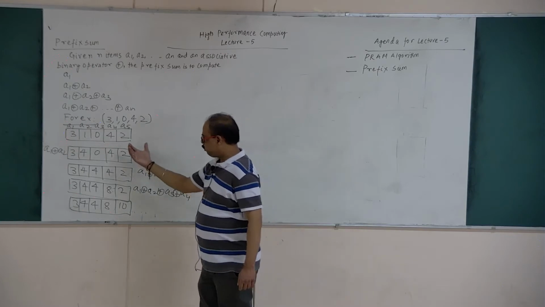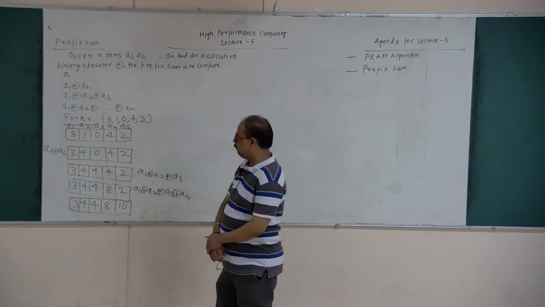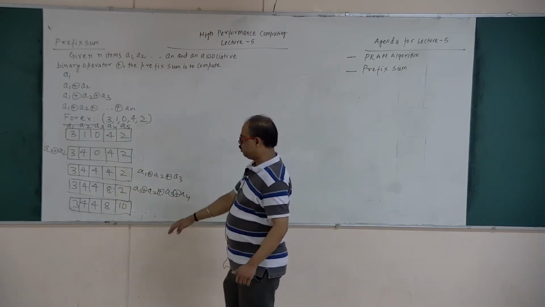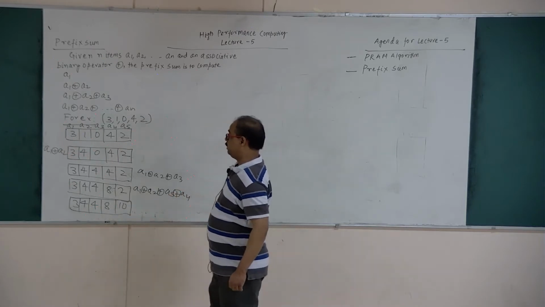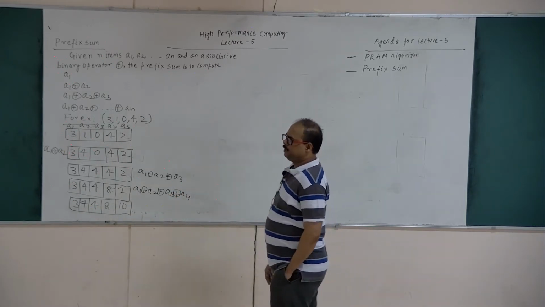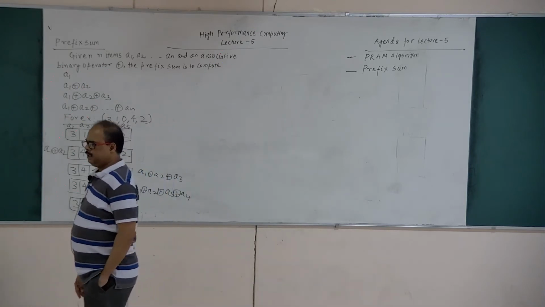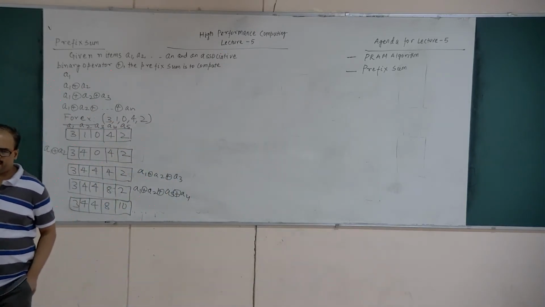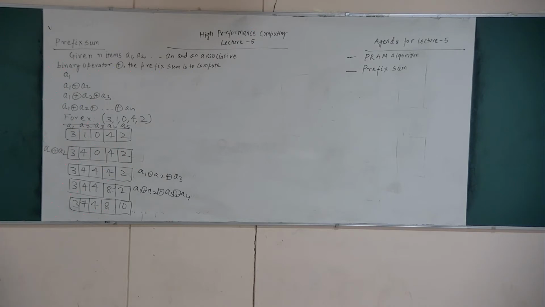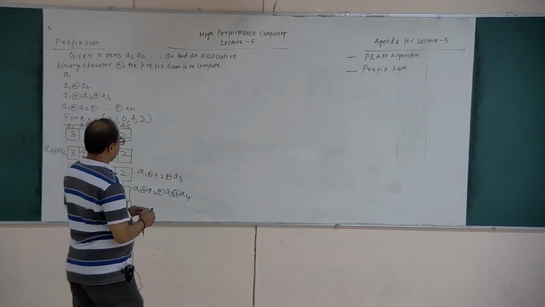You can see from the result that the sum is stored at the last location. So prefix sum is the reverse of parallel summation, and the sum of n quantities is stored at the last location.